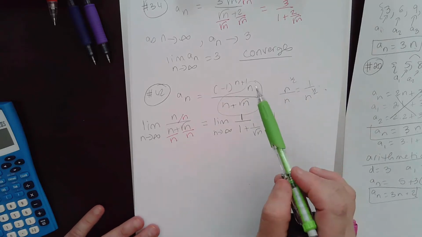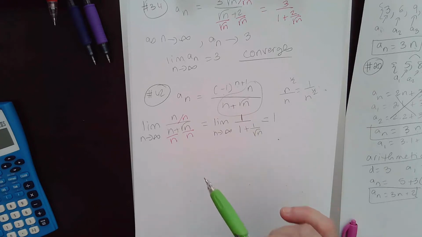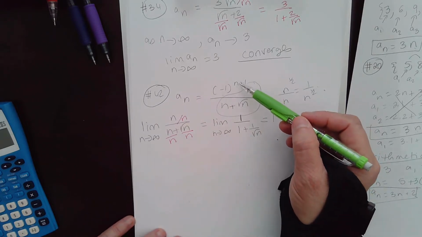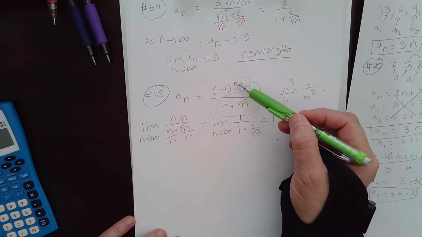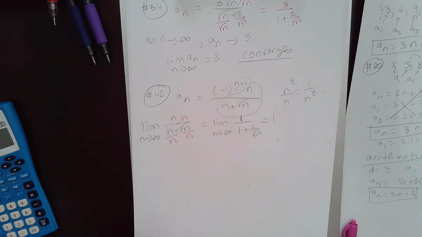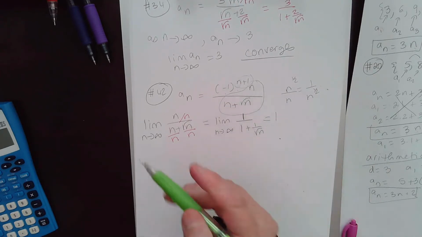However, I have negative 1 to the n plus 1. So what does that mean? Well, n plus 1 must be even, so n is odd. So for odd number terms, this would be positive 1.